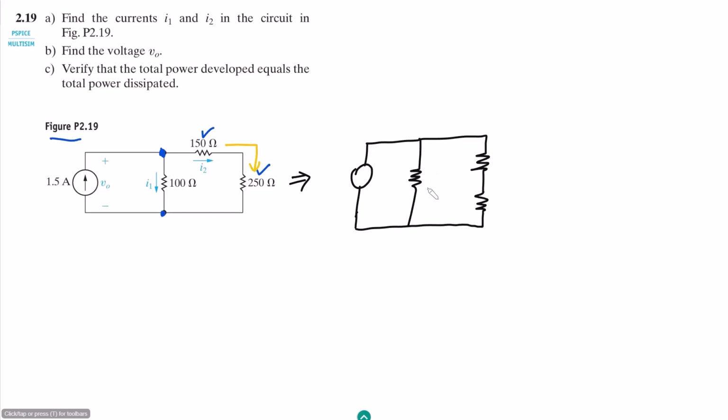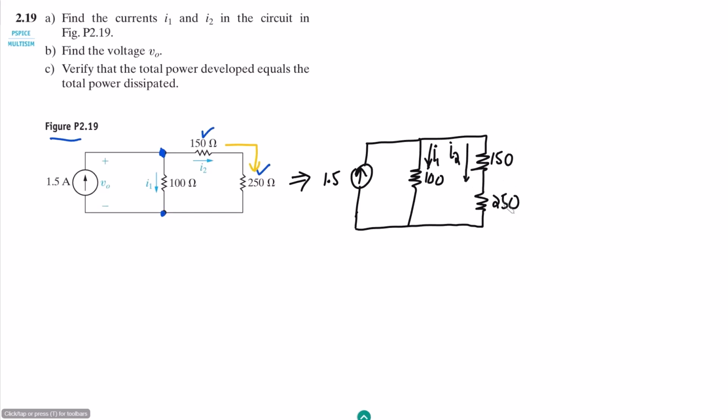So this is the 100 ohm, this is 150, this is 250 ohm, this is the original current source which is of 1.5 amperes. So you can see that the current here is I1, the current here is I2.